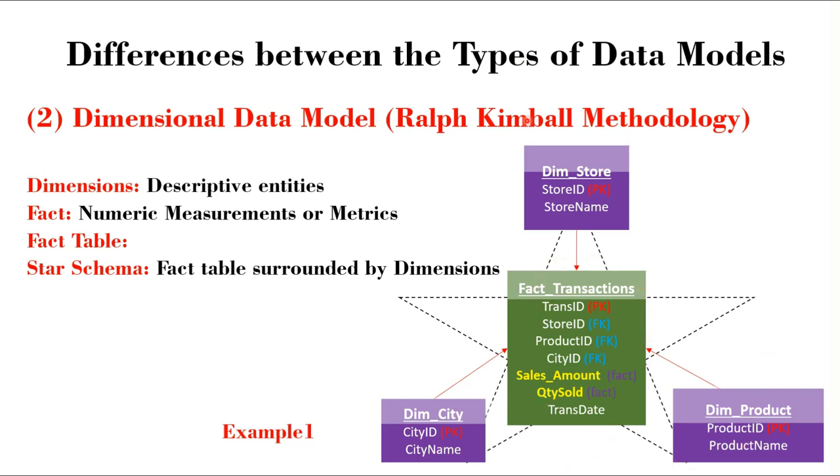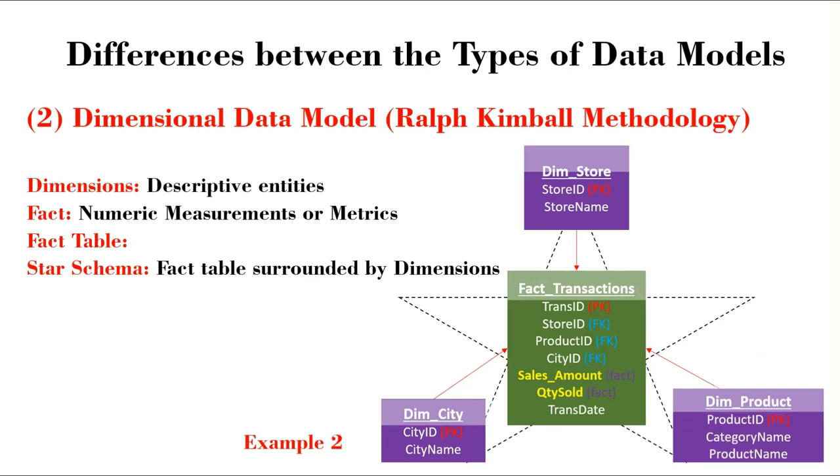If the manager now wants us to include product category in our modeling, unlike the relational data model where we would create a separate table for product category, here we can merge product category name into the product table and have the same table for both product and product category.